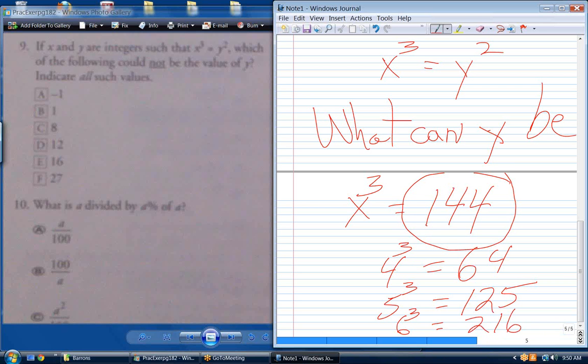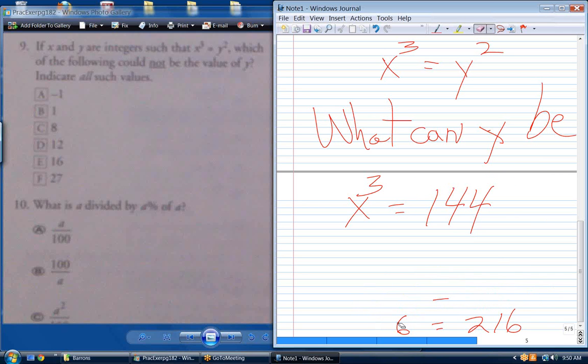Now, you could do these on your calculator. You can't do 5 cubed, but you can say 5 times 5 times 5, or 6 times 6 times 6. So you could conclusively prove that there is no integer cubed that's equal to 144. So that's not a possibility.